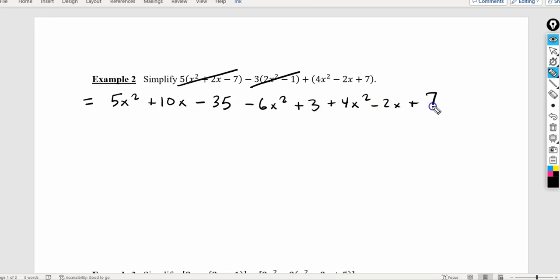Now we are not done yet. What I have to do now is to collect any like terms. I have an x squared term here, an x squared term there, and an x squared term there. So I'm going to gather those that I've underlined in red.